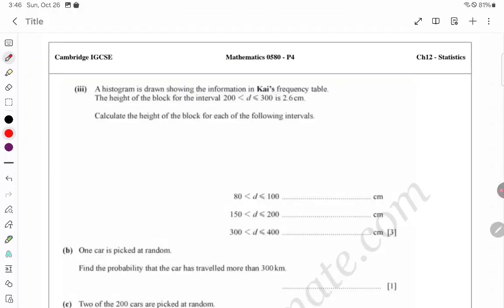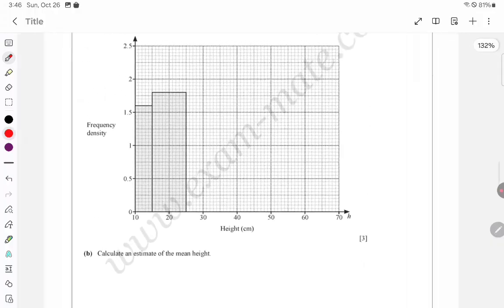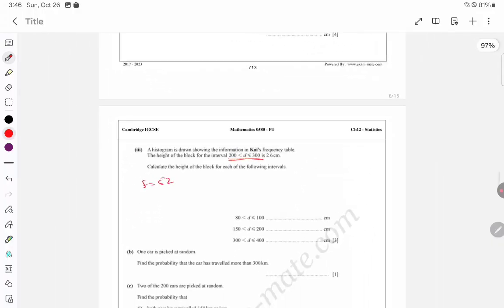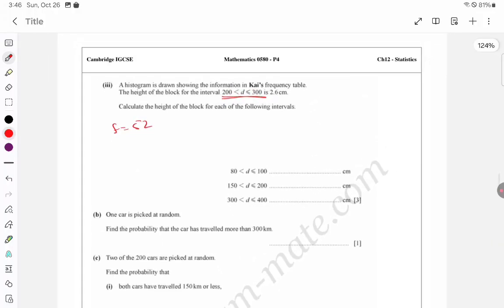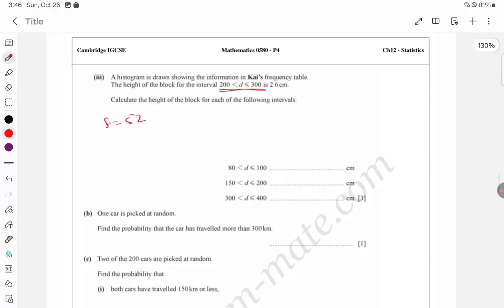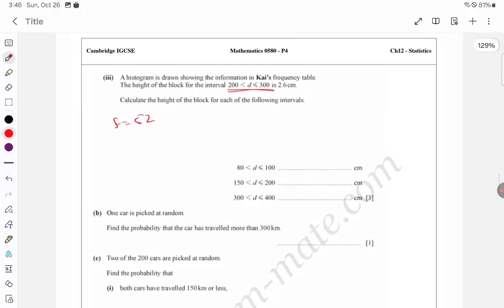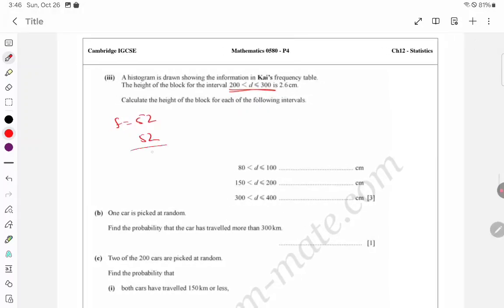For the 200 to 300 interval, the frequency is 52. If you look at the table, 52 divided by this interval, which is 300 minus 200, will give you the value of 0.52.